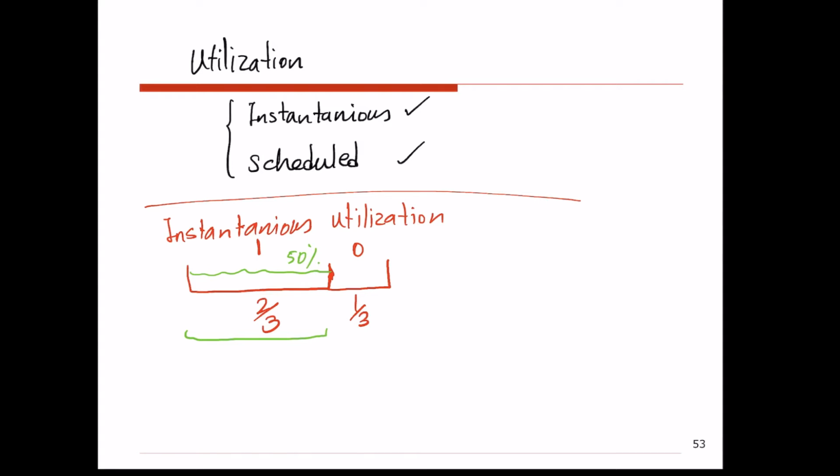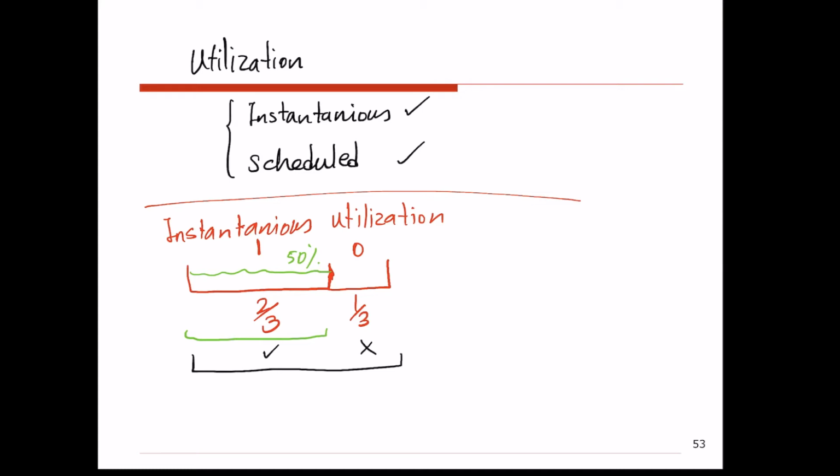So the question is, what is the instantaneous utilization? As I said, the instantaneous utilization looks at the utilization of the system during the whole simulation time, no matter if the resource has been scheduled to work or has not even been scheduled to work. That's why we call it instantaneous. It looks at each instant of time for which we run the simulation.